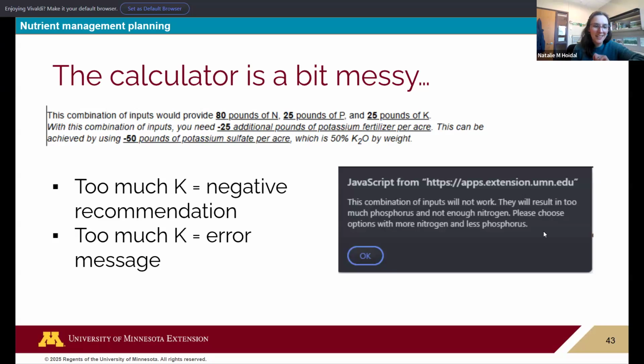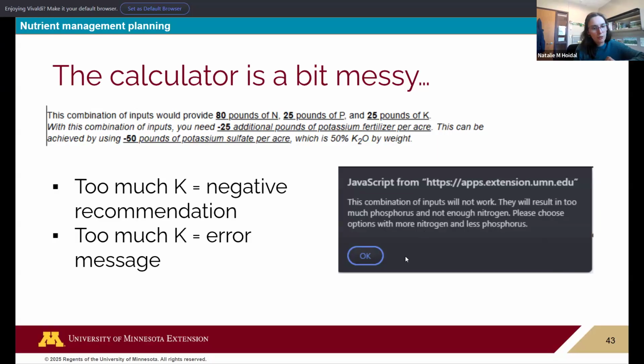It's not the perfect tool. We're getting there. But it will stop you. Let's say you need nitrogen and not a lot of phosphorus, and you choose two different compost and manure sources. It will tell you this combination of inputs won't work, please, and it tells you why. This will result in too much phosphorus and not enough nitrogen.